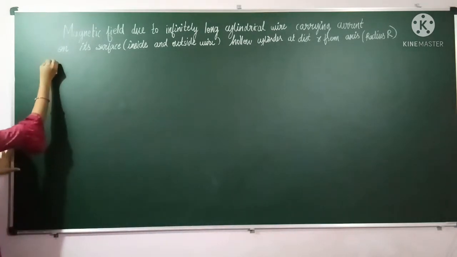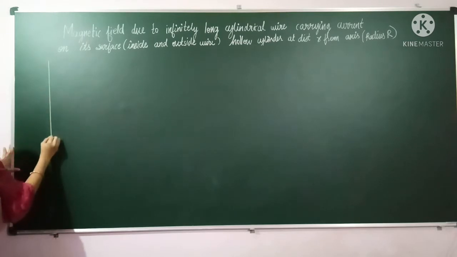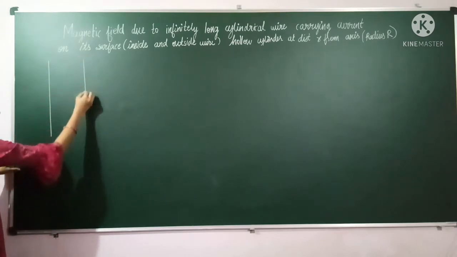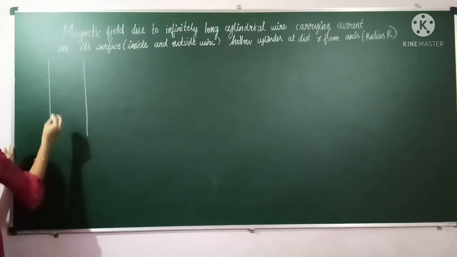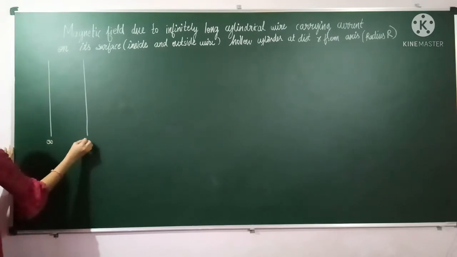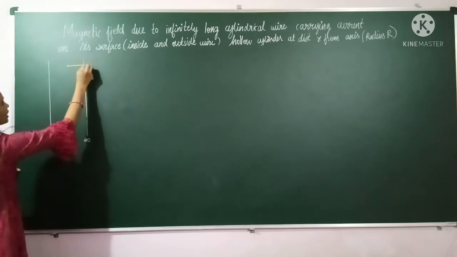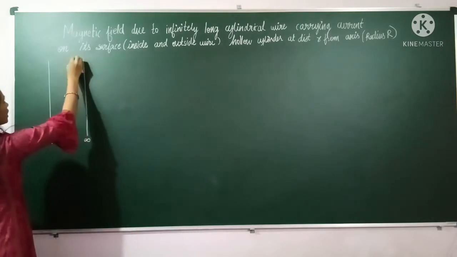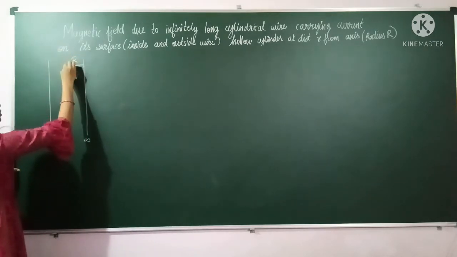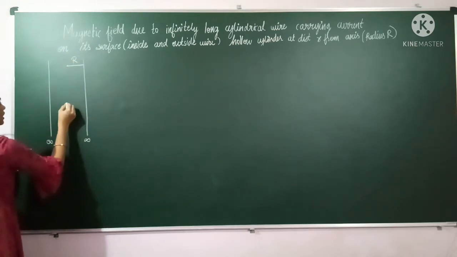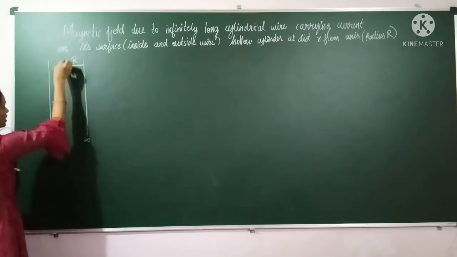Here we will take one hollow cylinder of infinite length. The radius of this hollow cylinder is given as capital R, and this is the center, meaning the axis.